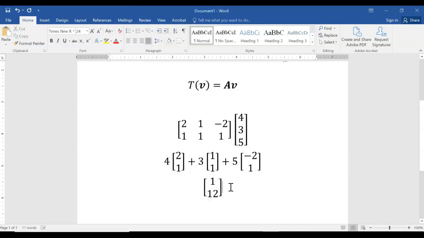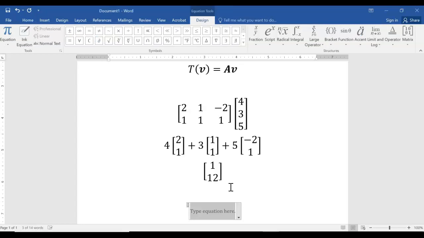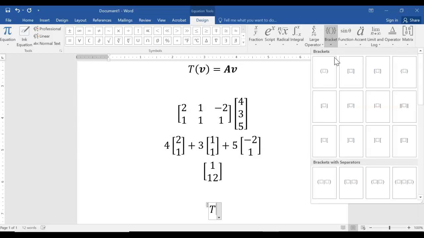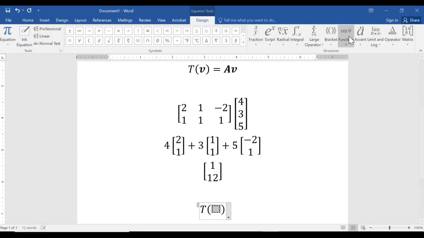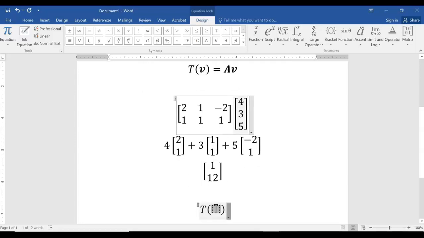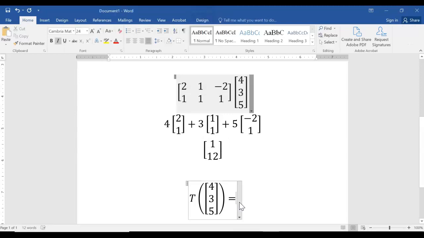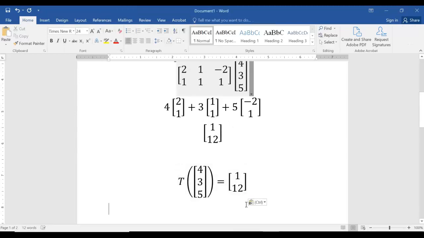Another way to write this in the transformation language would be to say that the transformation, when I plug in this vector 4, 3, 5, gives me out the vector 1, 12.